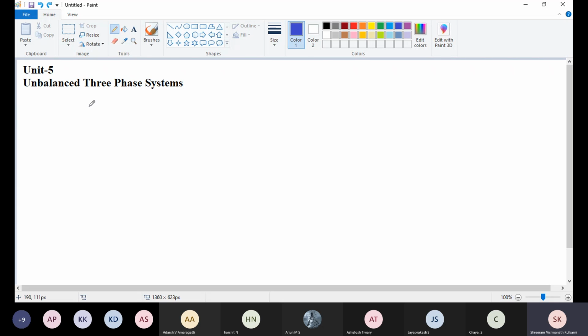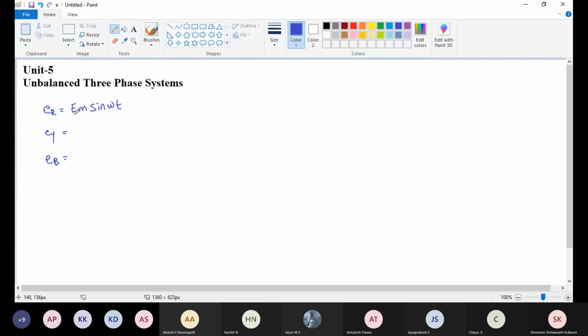First, the three phases R, Y, B. First, R is the reference phase. ER is Em sin omega t. Here ER is the reference phase. Now the sequence is RYB.